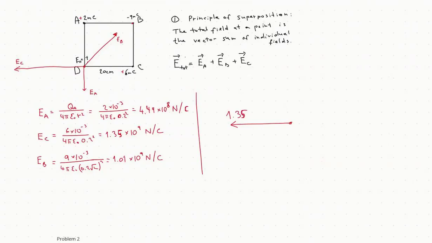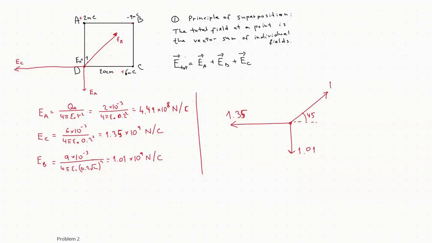I have a downwards vector of 1.01. And I've got this vector, which is at 45 degrees.